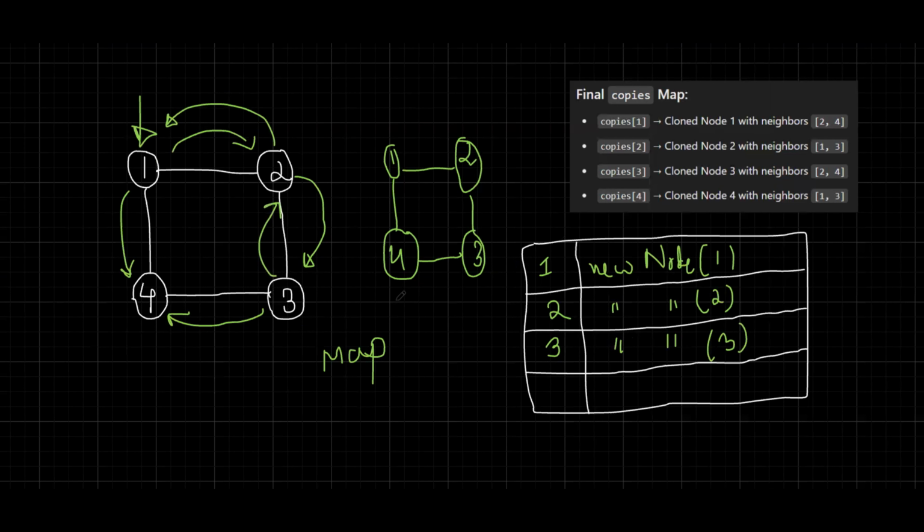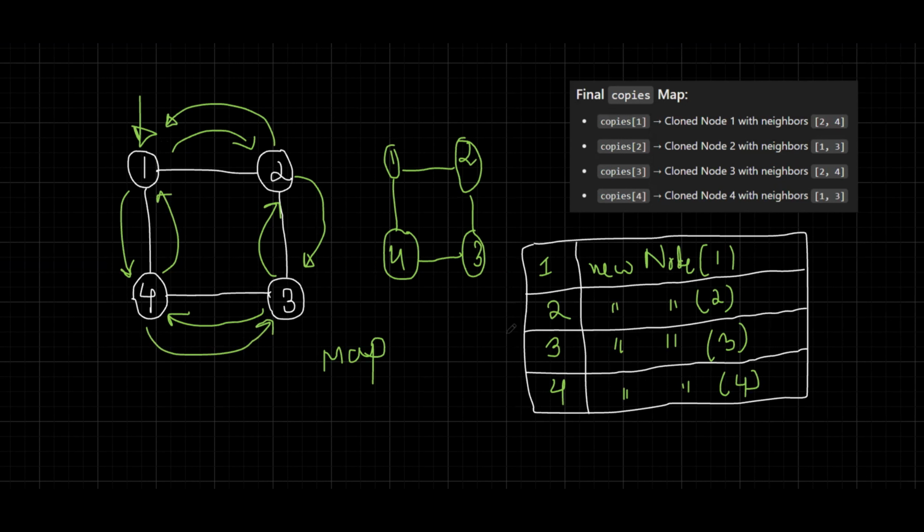Now, we have to add the entry of node 4 and make a new node with the value 4. Now from 4, we can get back to 1, and from 4, we can get back to 3. So both 1 and 3 are present in the map, so we don't have to do anything here.